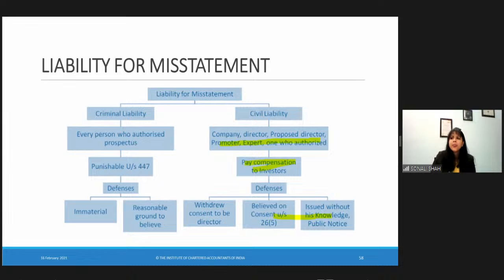But let's say you just misinterpret something or you do not return somebody's 10 rupees. Yes, you have suffered loss because your money was not returned, but it will not affect society at large. So wherever there is an intention to defraud the public at large, we see that there is a criminal liability. When there is a deliberate intention to defraud the public at large, then there is a criminal liability.